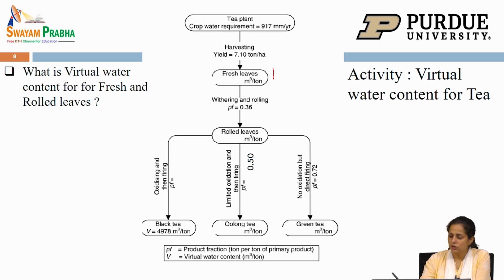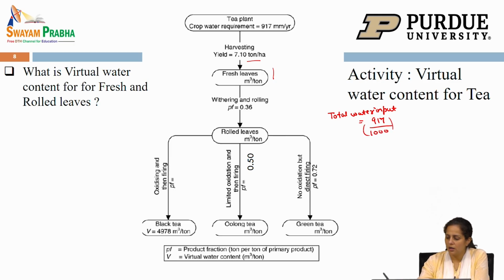First we want to know the total water input. Since your harvesting yield is given in tons per hectare, your tea plant crop water requirement will be 917 millimeters. So, we are going to convert it into volume per hectare.